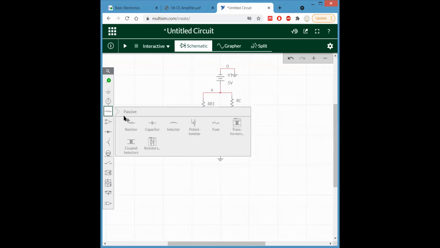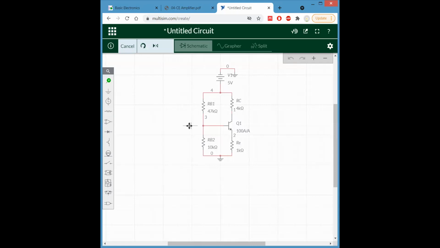One is for base coupling, another is for collector coupling, and the other is for emitter bypass, means emitter signal bypassing. So let me rotate this. So this is the circuit.